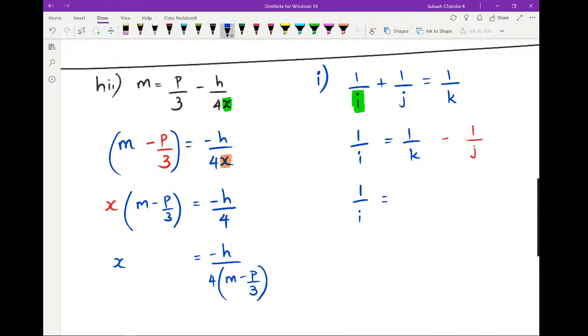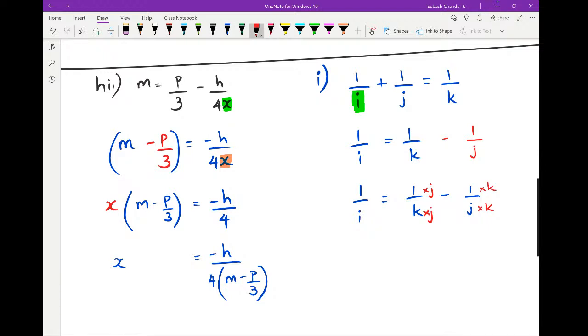So the way we've got to do it is, right now we've got two fractions on the right hand side, and we want to convert it into one fraction. If you remember my tutorials on combining fractions, you've got k and j in the denominator. That means I need to multiply this by j and this by k.